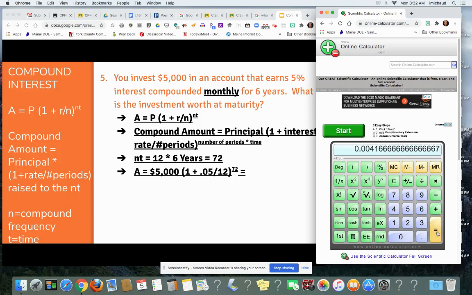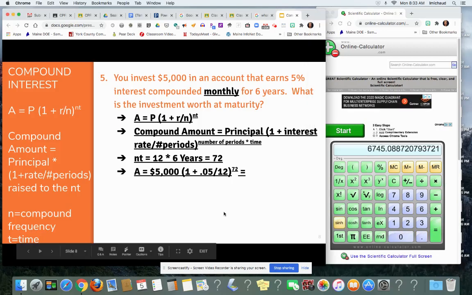You should hit equal, so you get a more accurate answer, plus 1 equals, and y to the x, 72. Your final step is to multiply it by the principal. So your answer should be $6,745.09. Again, this third number is 5 or above, so this becomes 9. You give that a shove.